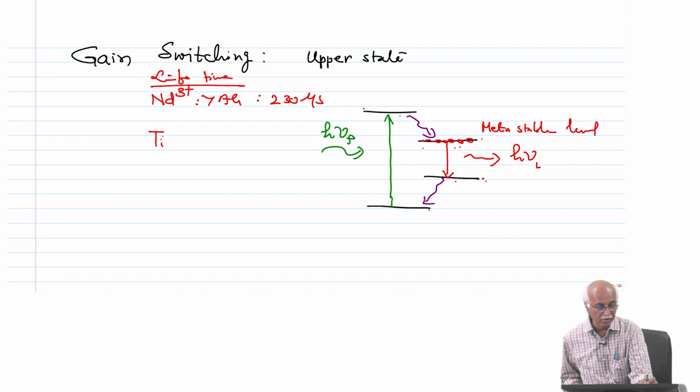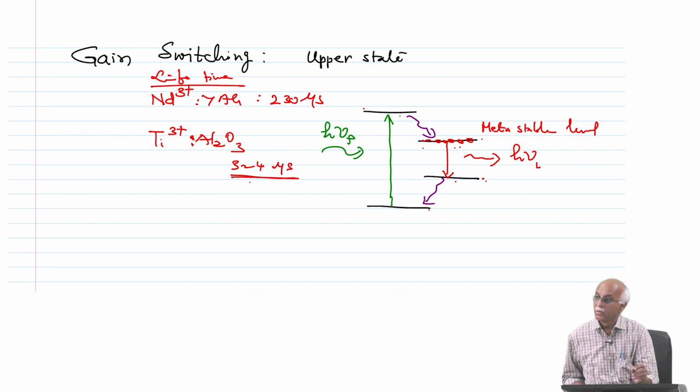However, consider titanium sapphire, which is another solid state laser, and it has a tunable range. Secondly, the lifetime of this metastable energy state is approximately 3 to 4 microseconds.